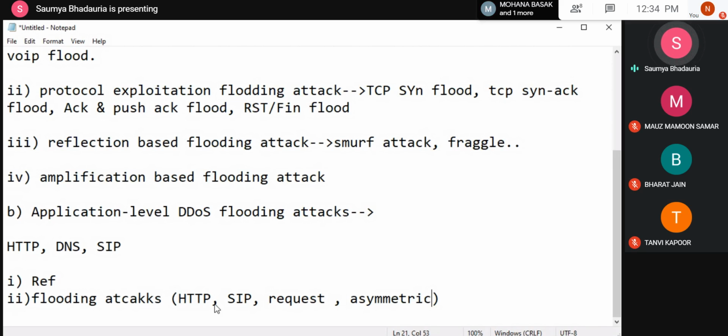You are exploiting the application level protocol and using it alongside the protocols of the network and transport layer, so that the server cannot distinguish the major difference between the attacker's traffic and the regular traffic. Any doubt? I hope it is understood.